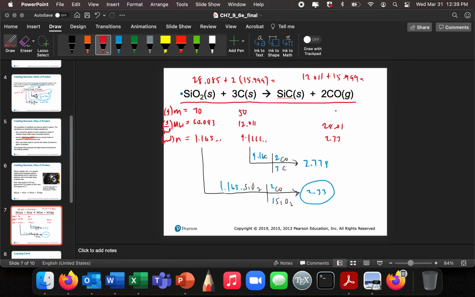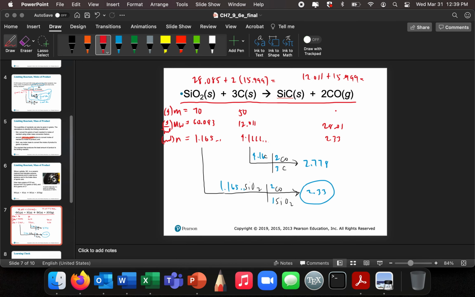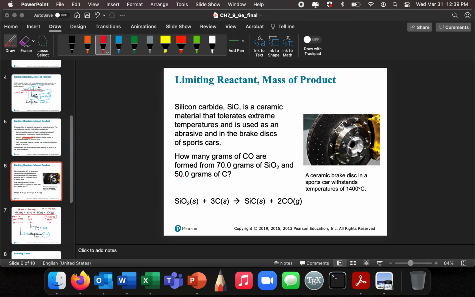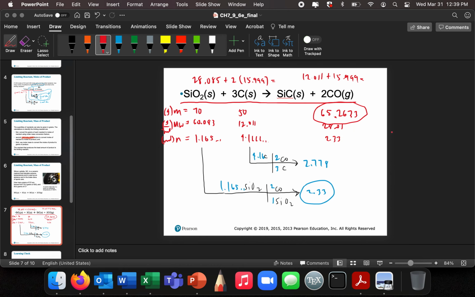I'm going to multiply that times 2.33, and I get 65.26. So it looks like I can only make 65.26 grams before I run out of silicon dioxide. Okay, that's my mass. I think I answered the question: how many grams of carbon monoxide are formed? Yes, and it is 65.26.